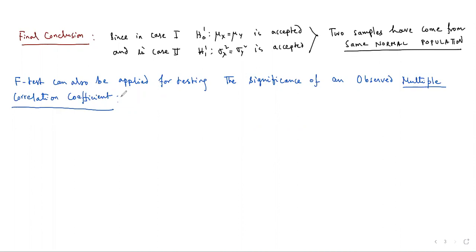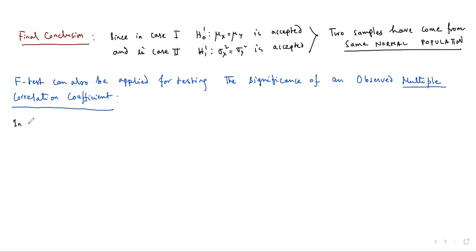Multiple correlation is something where you need to consider not a bivariate distribution, but a distribution having more than two variables. The multiple correlation coefficient has a different sort of formula. So I think a brief discussion on multiple correlation will be helpful in this regard.